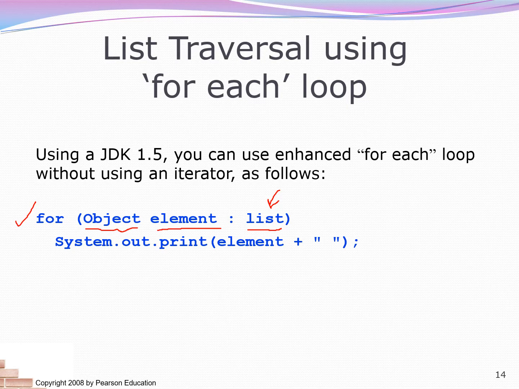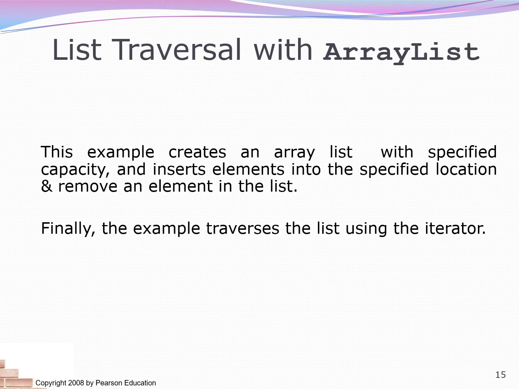So object here refers to String. Let's say you have a list where you have student objects. So object here will be Student. So for the element, you can put element s, y, z, and so on. This is basically another way of traversing the list but using a for loop. With JDK 1.5, this is the way that you put it. It's more like a short form kind of code.